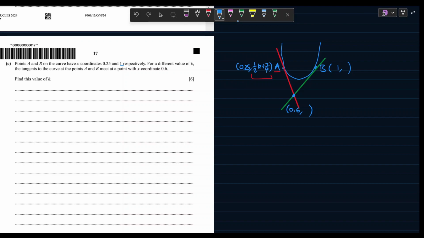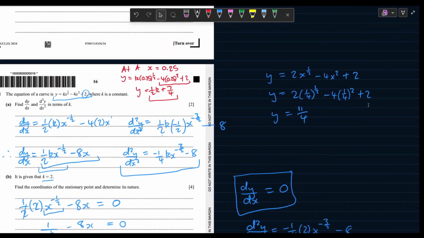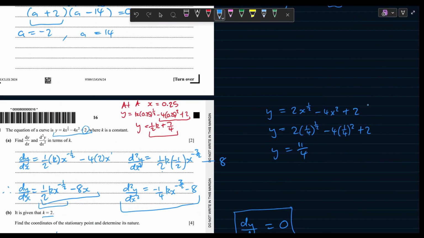Okay, and we might as well just get the y coordinate of B at the same time, so that we don't have to keep going up and down. Since B also lies on the curve, we can just substitute x with 1 to get the y coordinate at B. So y is equal to k times 1 to the half minus 4 times 1 squared plus 2.